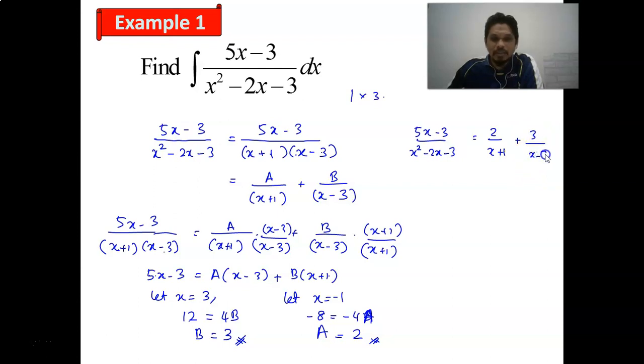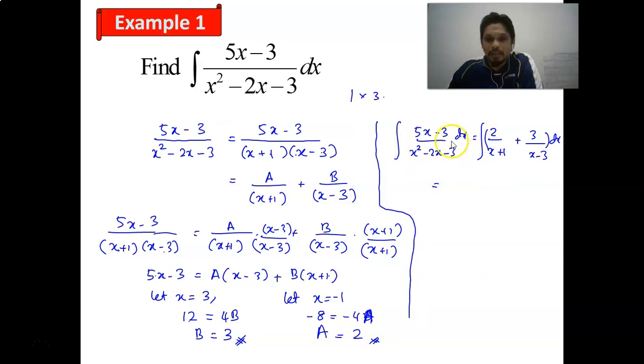So just imagine that we integrate everything here with respect to x. So meaning here, integral of 2 times the integral of 1 over x plus 1 dx, plus 3 times the integral of 1 over x minus 3 dx.